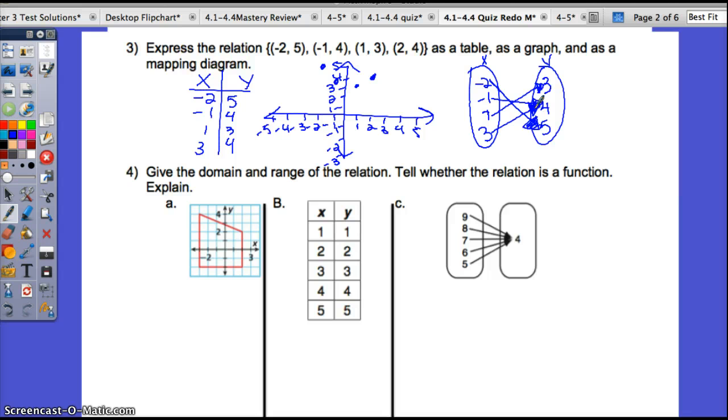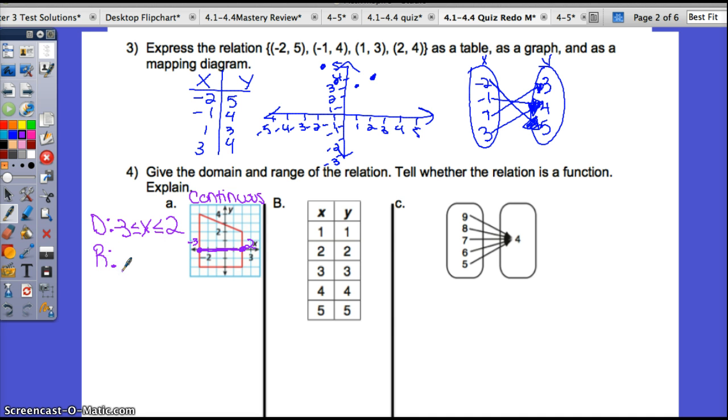Number 4 says give the domain and range and tell whether it's a function or not and explain. So your domain here, remember, is your x values. This is a continuous graph. So if you look at your x-axis, it goes all the way from -3 and it touches every x all the way to 2. So x is sandwiched between -3 and 2, and -3 is less than or equal to x, which is less than or equal to 2.